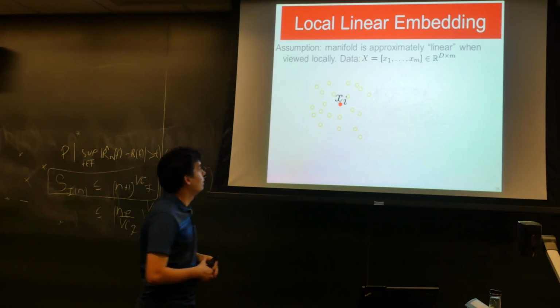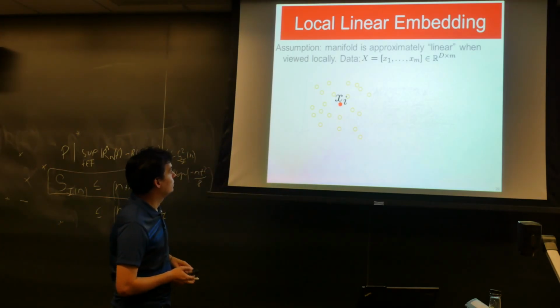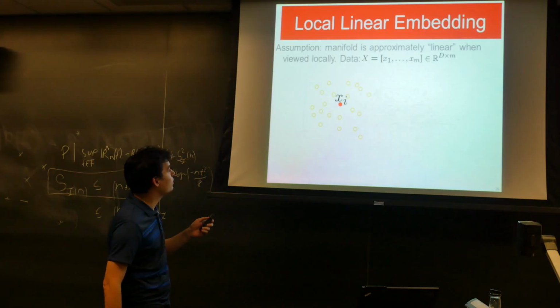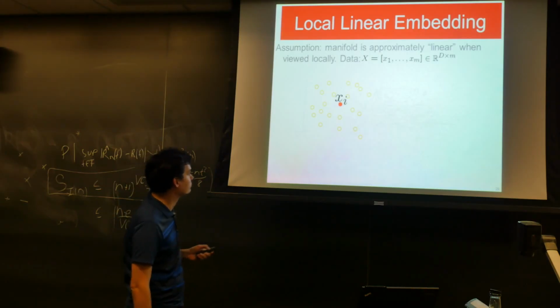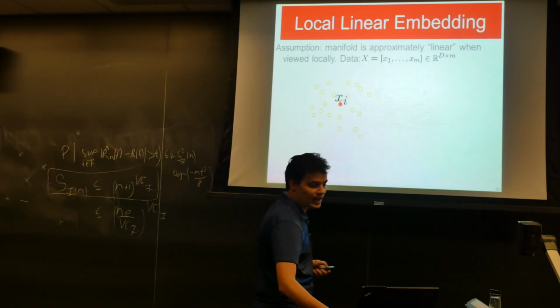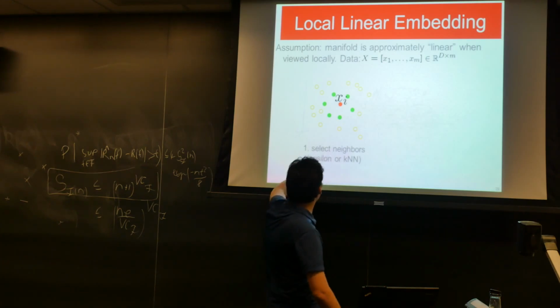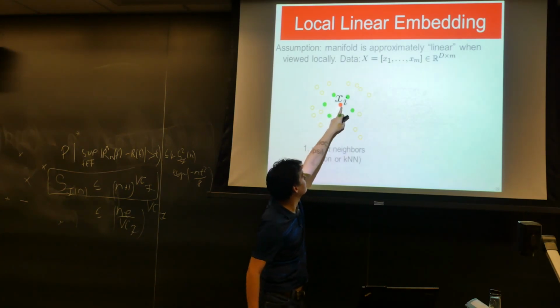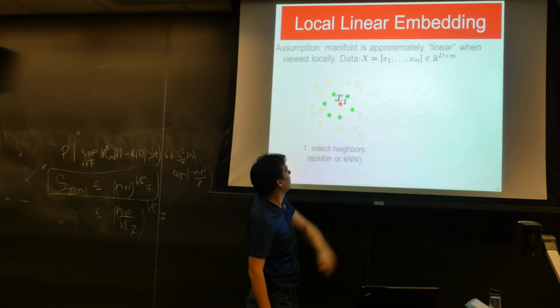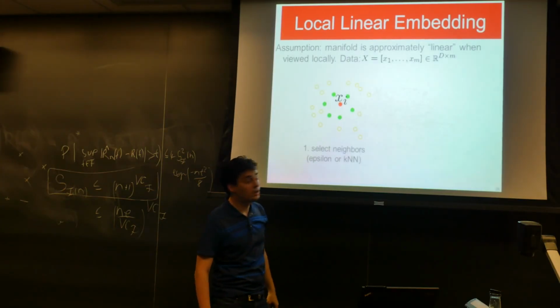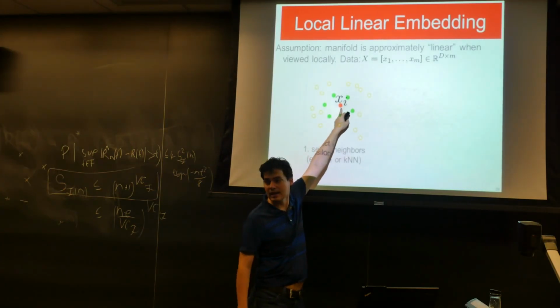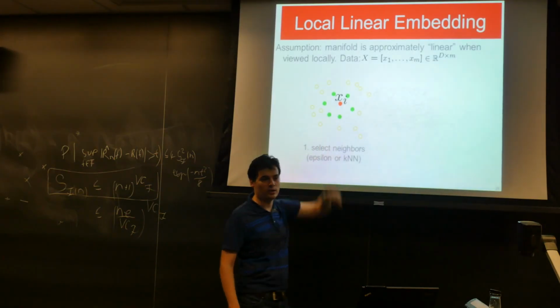In local linear embedding, you have, say, m data points in capital D dimension. First you select some nearest neighbors for xi. For example, I selected these 5 nearest neighbors. Then I want to reconstruct this xi point using its neighbors.